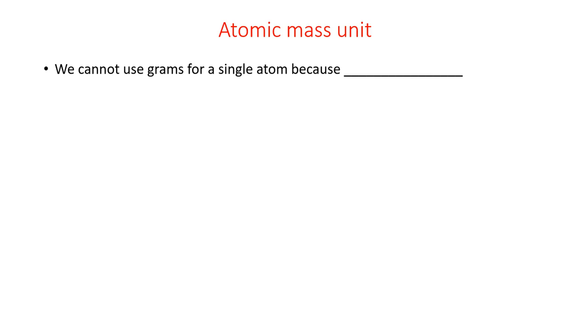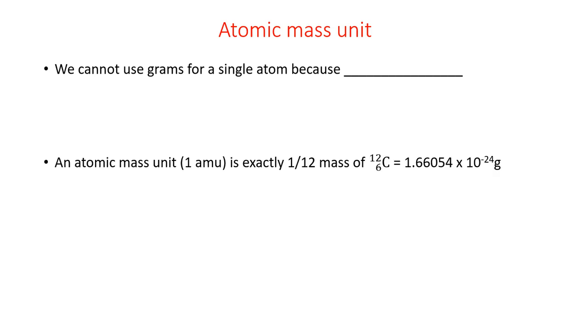But that would be impossible because an atom has very, very, very small mass. So we cannot use a gram for the measurement of an atom. So they had to create a new unit that they could use. So that unit is called an atomic mass unit.